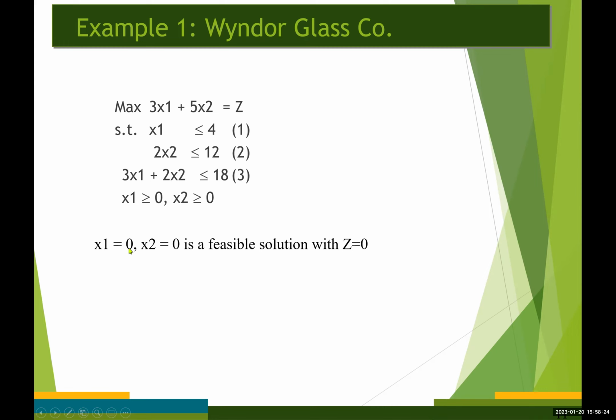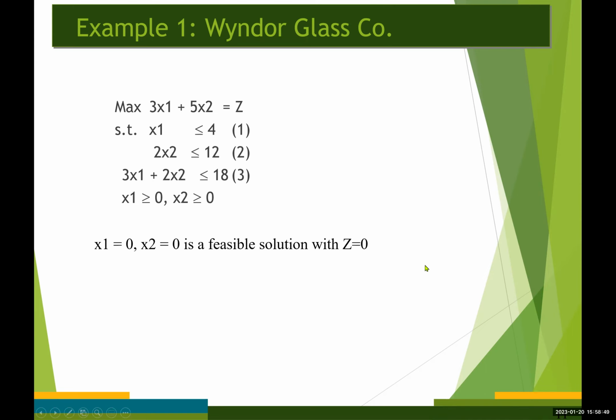Although x1 equals 0, x2 equals 0 satisfies all of these constraints, including the sign restriction, we know that this cannot be the optimal solution, okay? Because the objective function value can be improved a lot by increasing the value of x1 and the value of x2. Is that correct?